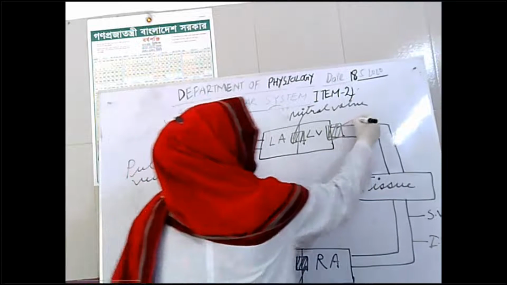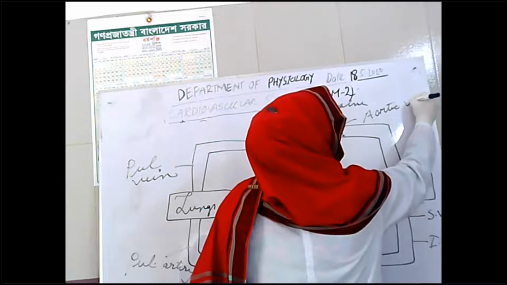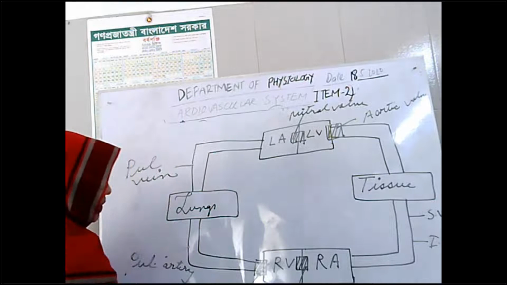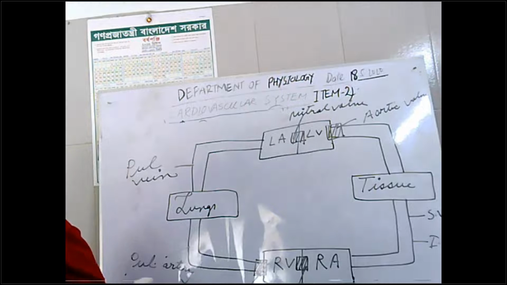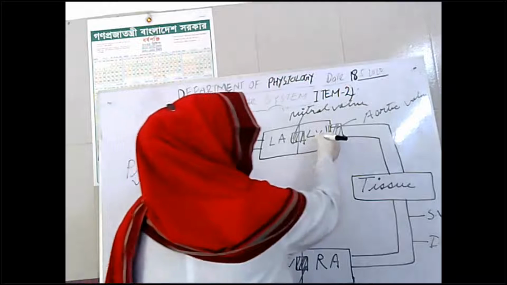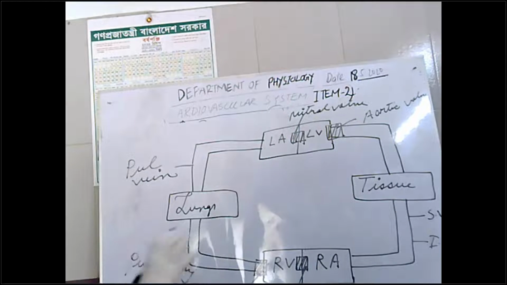This is called aortic valve, or semilunar valve. Aortic valve and pulmonary valve are both called semilunar valve because they look like a semilunar shape, that is, half moon. Now, from left ventricle, blood comes into the systemic circulation. This is the total circulatory system of the heart.